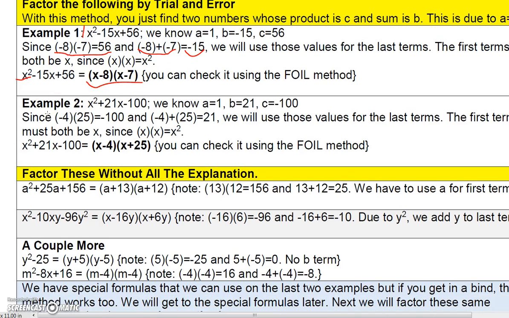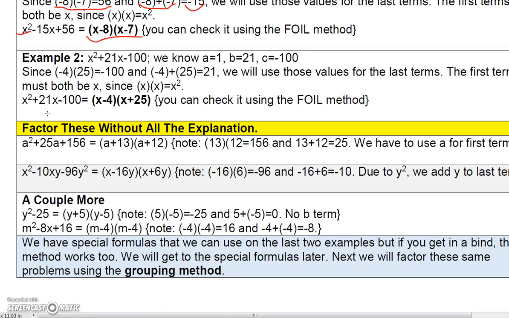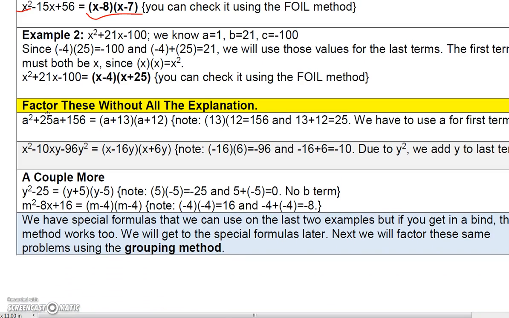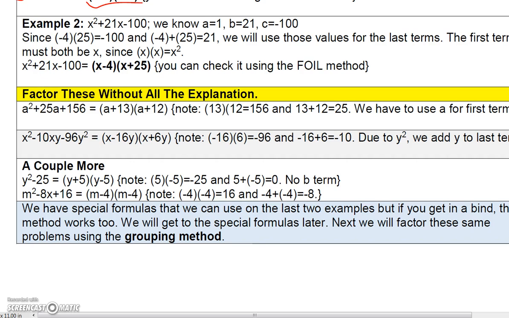Okay, so I won't spend as much time explaining on the next examples, but basically, let me just get to the point on this one. So on this one, again, the coefficient of x squared is 1, and notice that the last term is negative 100. So our factors have to include numbers that multiply together to give negative 100.